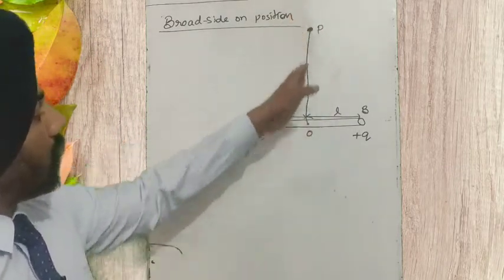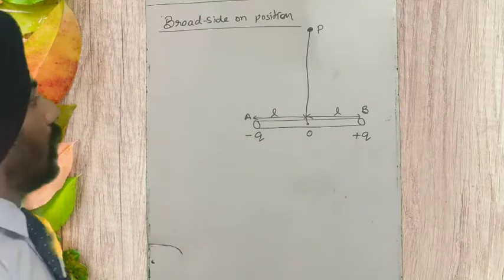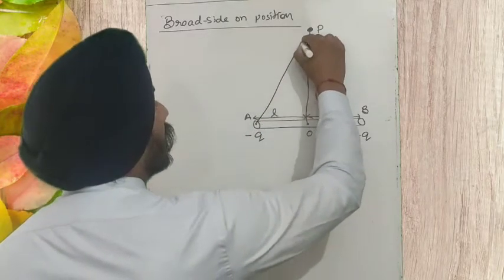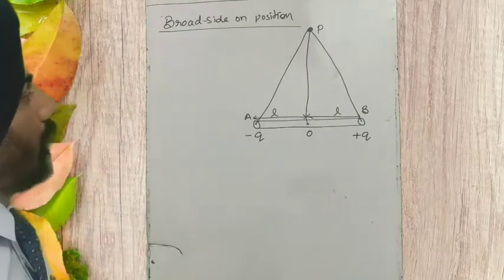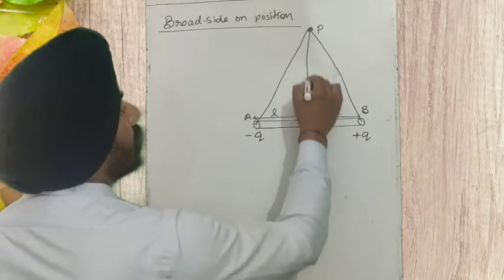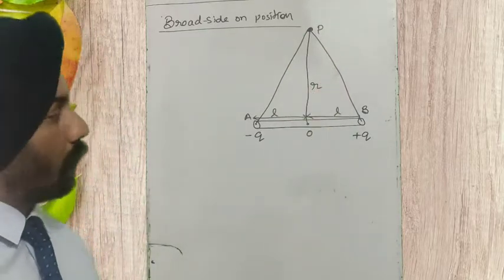This point lies on the right bisector of the dipole, and we complete the figure by joining point A and point B with point P. Let this point be at r distance from point O.